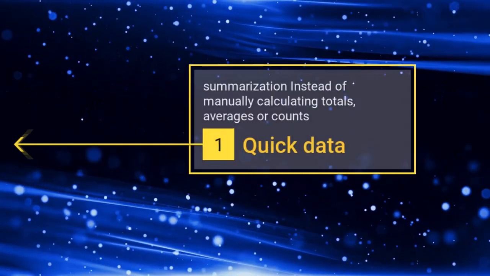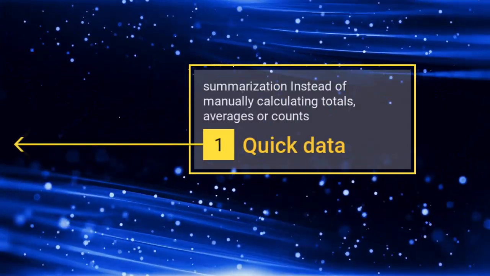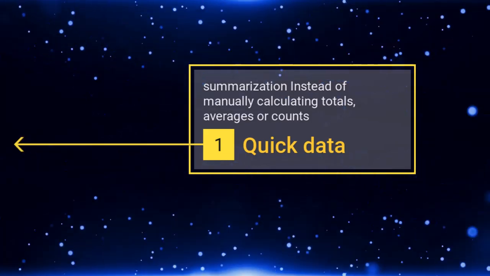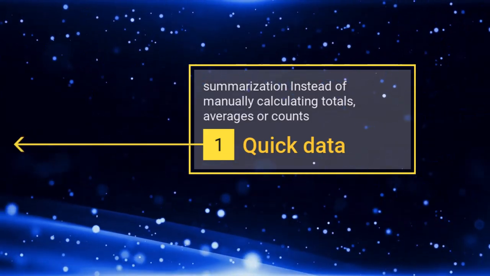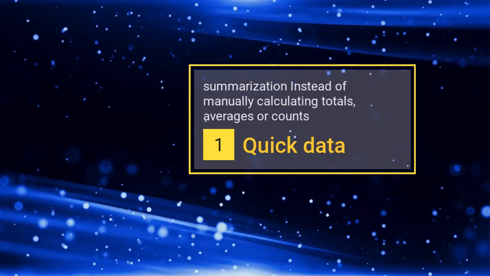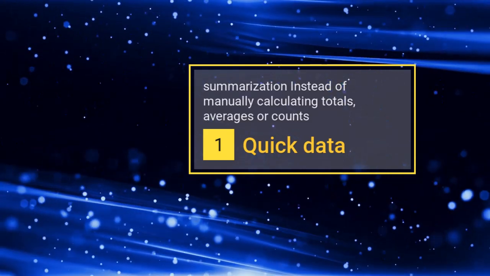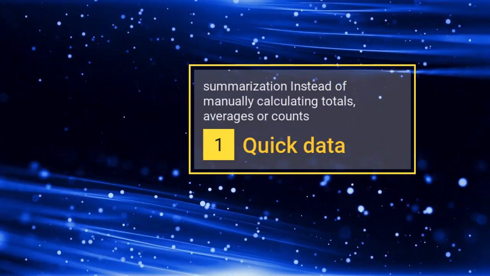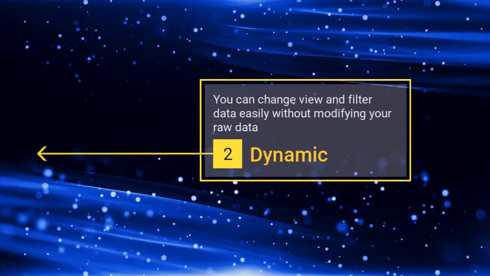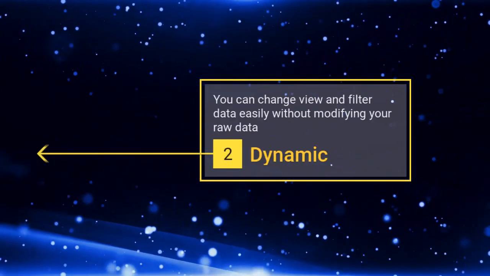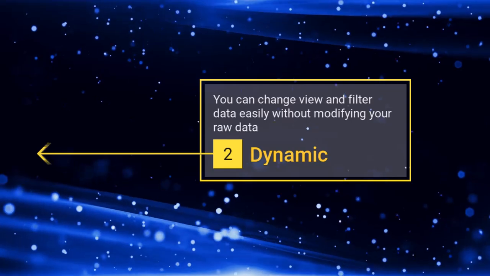Why do we use it? Here is why it's so useful. Quick data summarization: instead of manually calculating totals, averages, or counts, a pivot table does it for you in seconds. Dynamic reports: you can change the view and filter data easily without modifying your raw data.